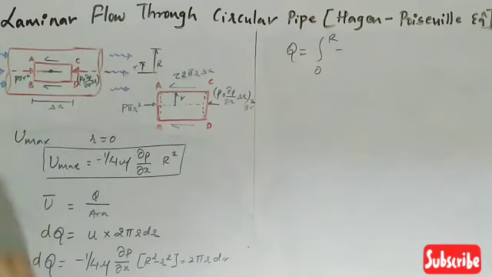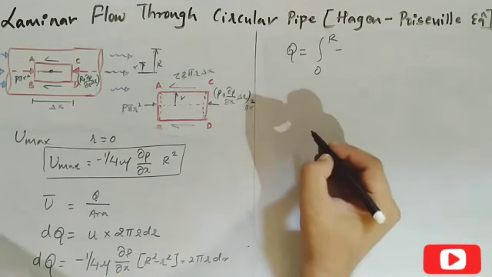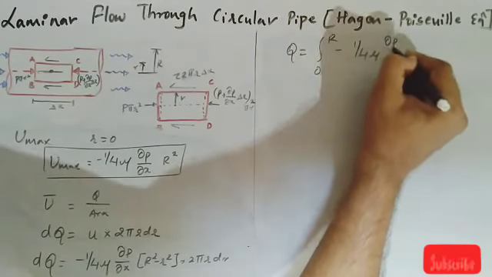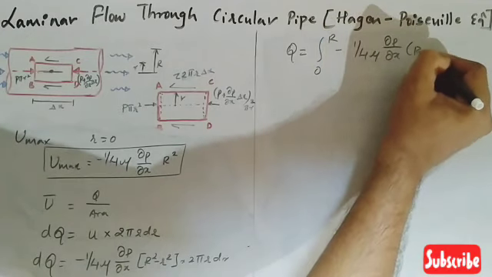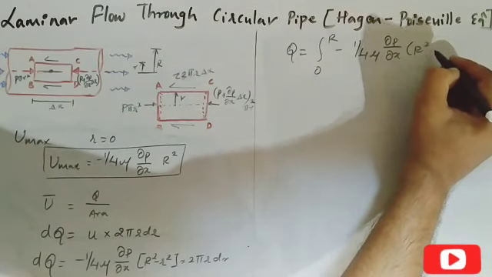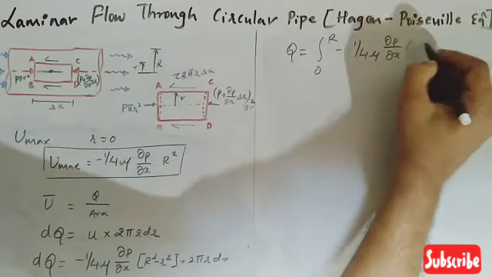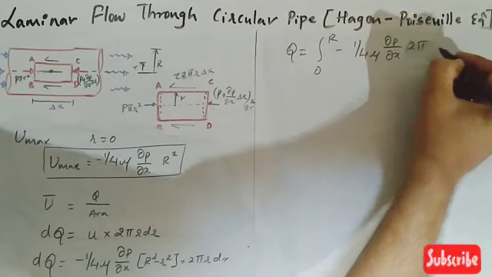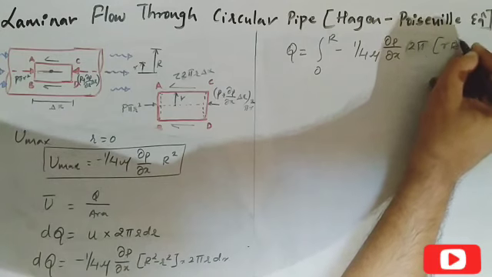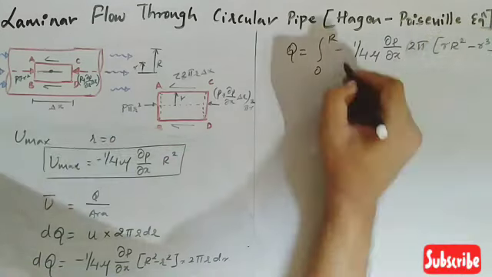Now integrating, I take the remaining common terms outside, that is minus 1 by 4 mu, dou p by dou x, and 2 pi constant. Then the integrand is r square r minus r cube dr.